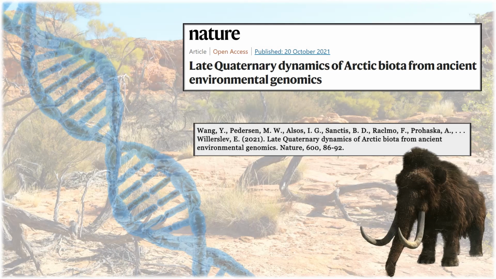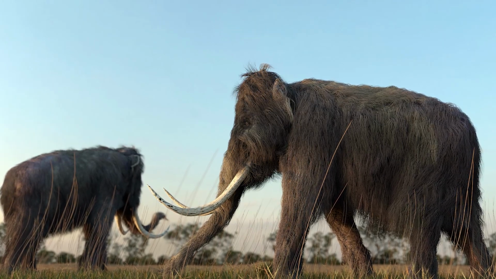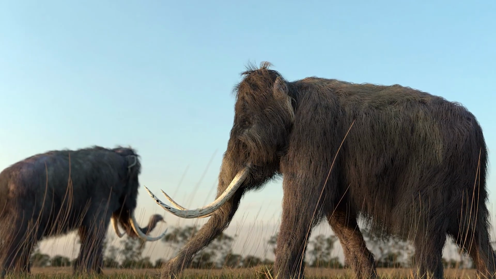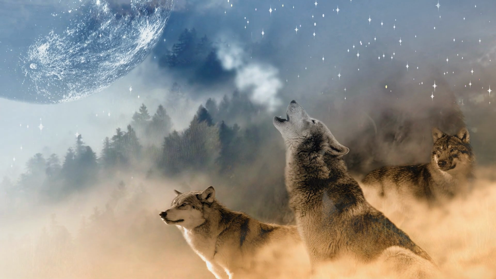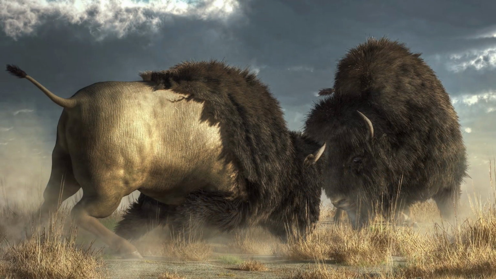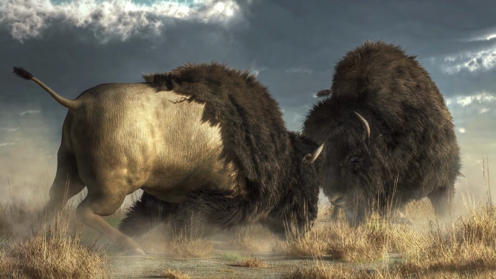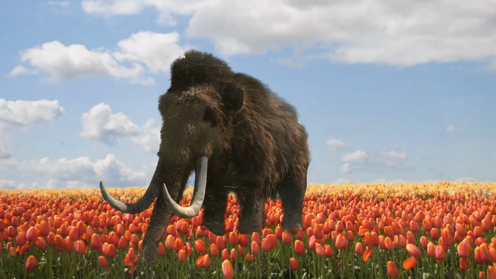In this study, Wang et al. reconstruct the Siberian steppe tundra using environmental DNA. They were able to detect the presence of and relationships between ancient horses, rabbits, mammoths, humans, caribou, wolves, bison, and woolly rhinos. In fact, they were even able to document the extinction of the mammoth.